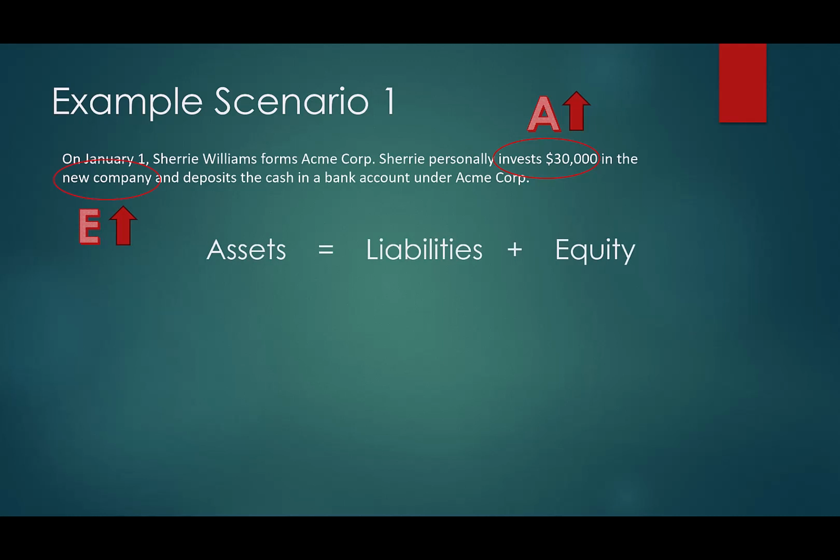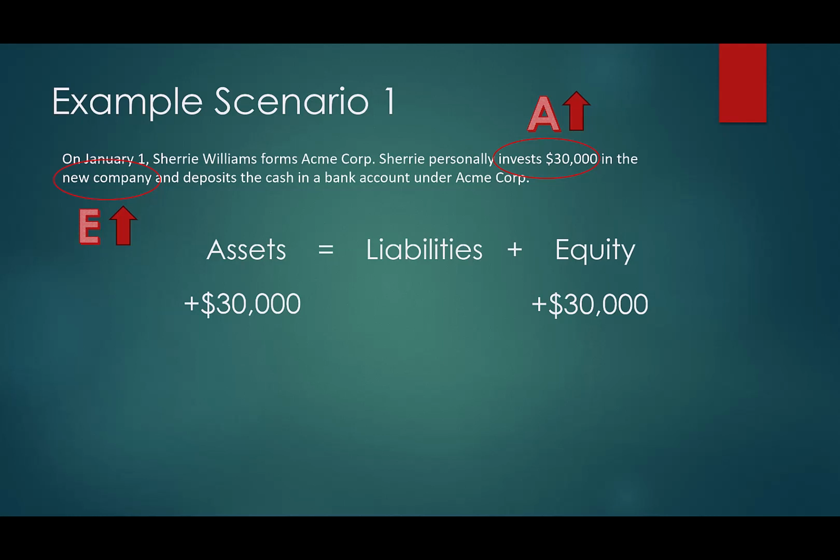And we saw how this impacted the accounting equation. Our assets went up $30,000 because cash went up, and equity also went up $30,000. Now, one of the last things that we need to do is actually journalize this transaction. So let's start with the cash account. We know that cash went up $30,000.